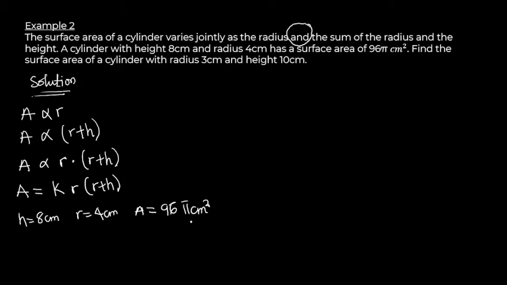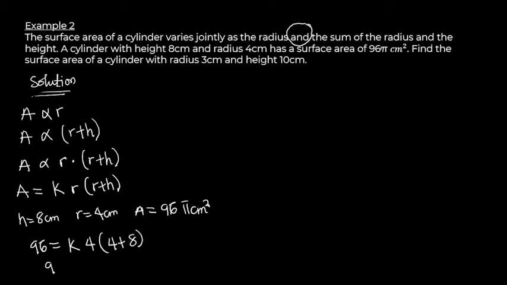So let's use all these values and find our variation constant before we proceed to the latter end of the question. If we do the substitution, we have 96 pi equal to K multiplied by 4 into bracket 4 plus 8.